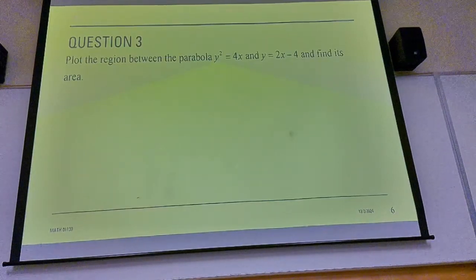Want the area of the region between the parabola y squared equals 4x, bless you, and the line y equals 2x minus 4.